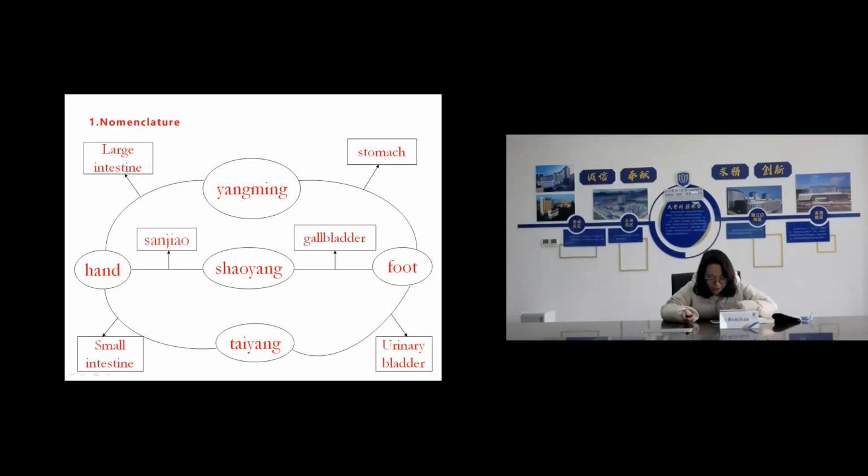Next is the Sanjiao meridian of Shao Yang. And the last one is the small intestine meridian of Tai Yang. On the foot, one is the stomach meridian of foot Yang Ming, the gallbladder meridian of foot Shao Yang, and the urinary bladder meridian of foot Tai Yang.